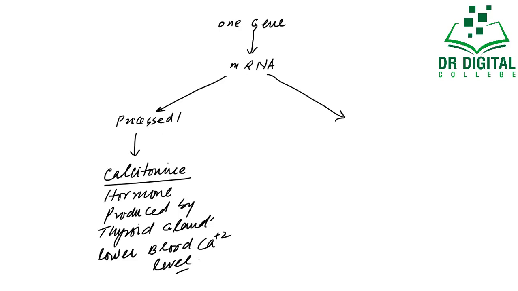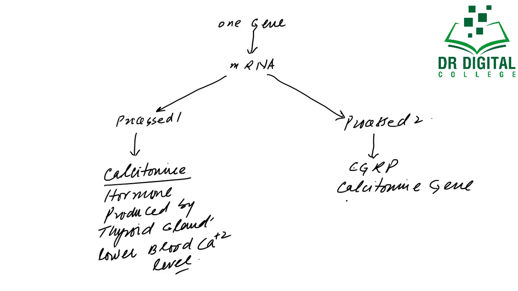Now if this RNA is processed another way, then it will produce a polypeptide which is called CGRP. This stands for calcitonin gene related protein.